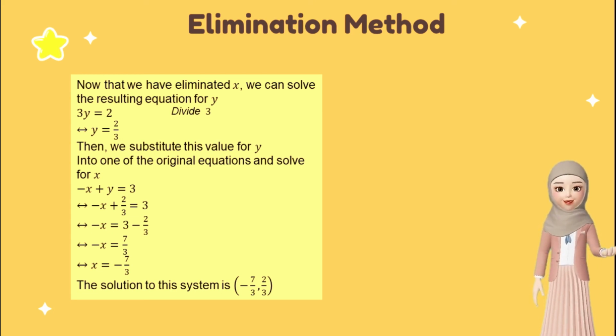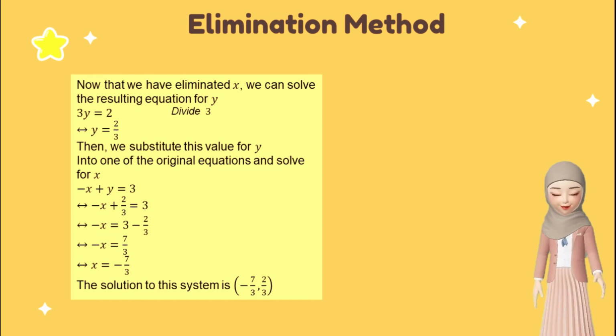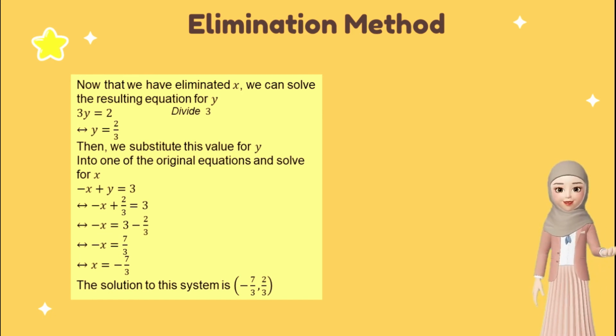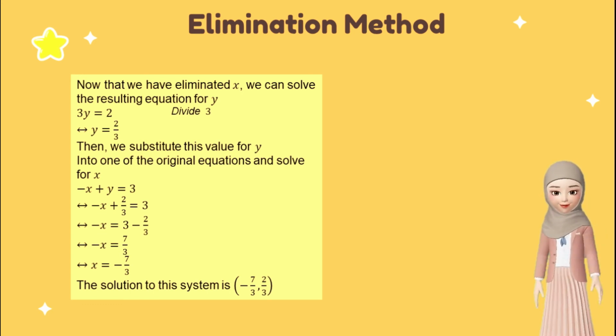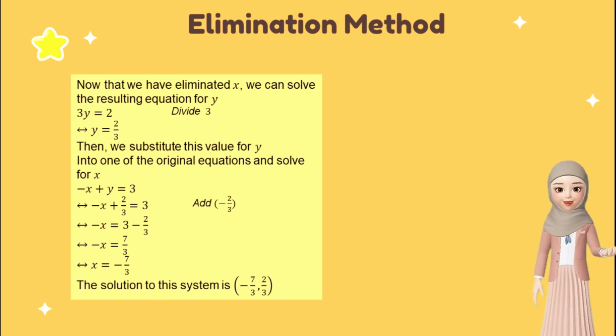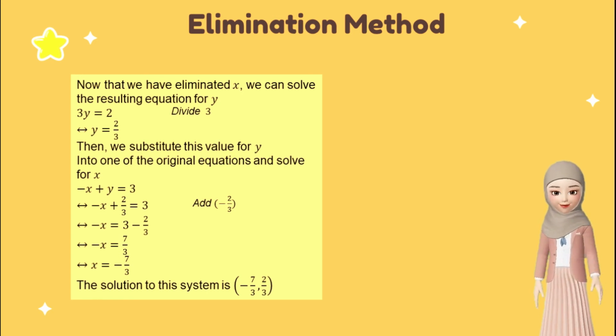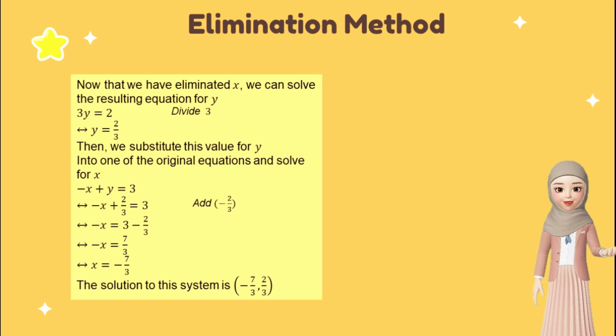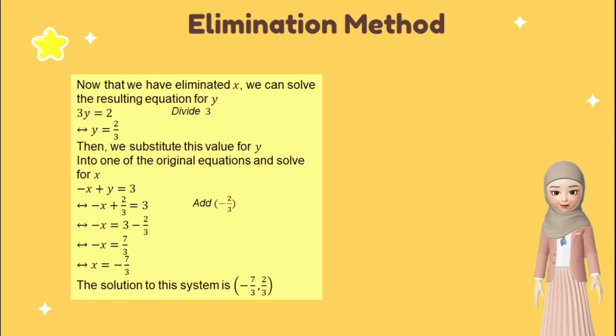Then, we substitute this value for y into one of the original equations and solve for x. Minus x plus y equals 3. Minus x plus 2 over 3 equals 3. Add minus 2 over 3 to both sides, we get minus x equals 3 minus 2 over 3.